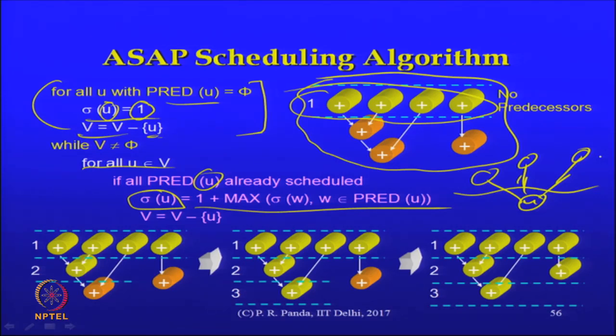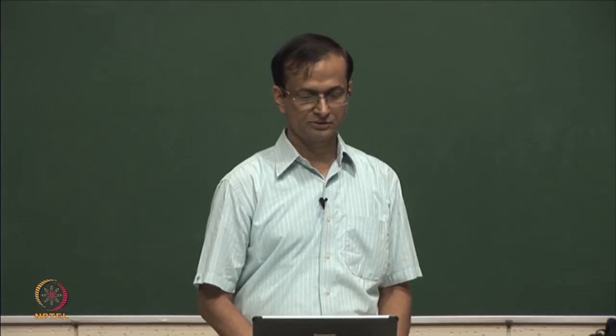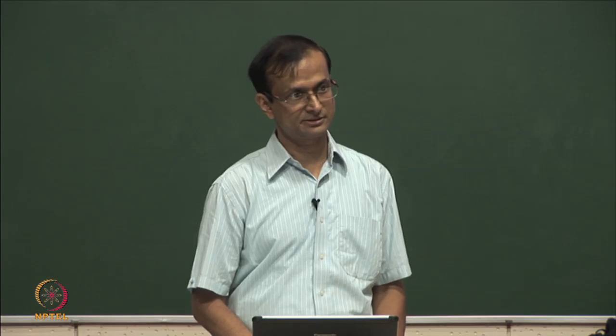What is the reason for this? The last schedule is in the third cycle, so the value will be available after the third cycle, and u can be scheduled in the next cycle. All its predecessors might not have been scheduled in the same clock cycle, they might have been scheduled in different clock cycles. So, the earliest that you can schedule u is the cycle after whatever is the latest that any of its predecessors have been scheduled.